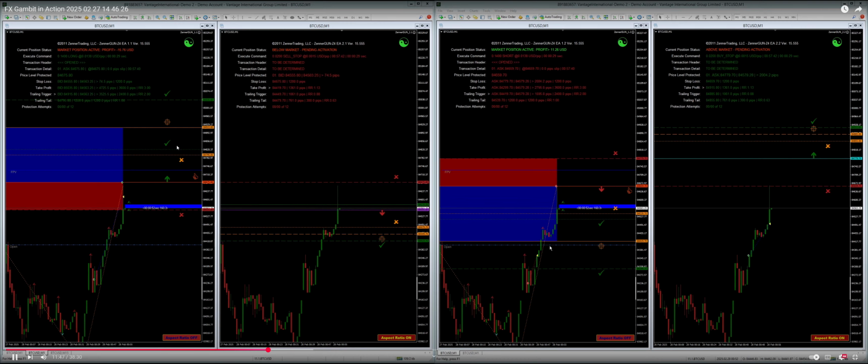So now again we have a long position on the left half of the screen, the long side of the hedge in the first instance of MetaTrader 4, reset and rerun from scratch.